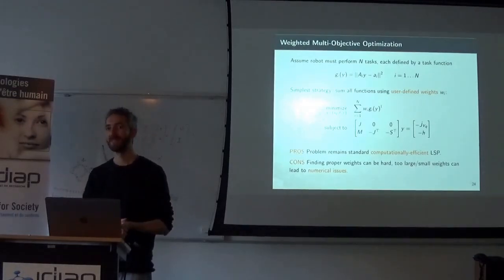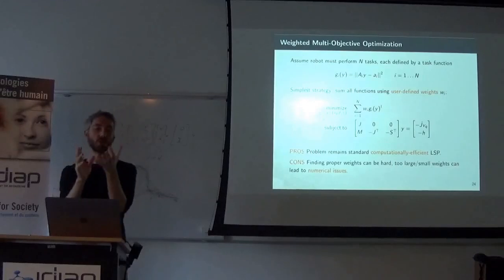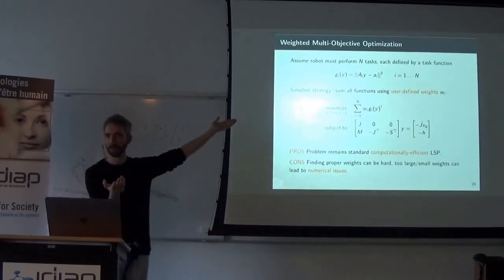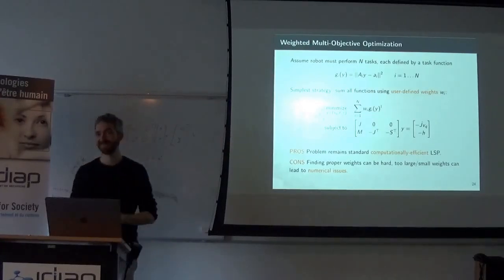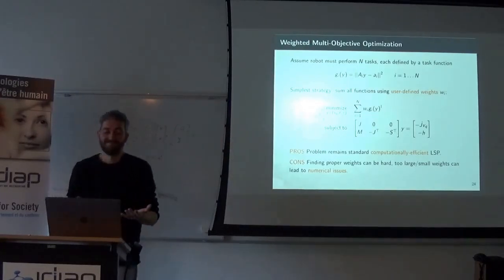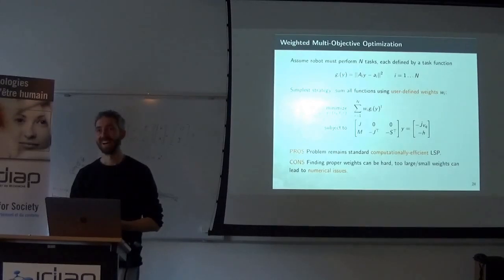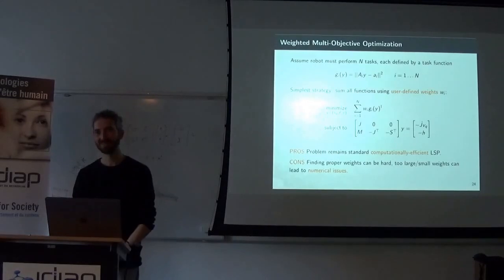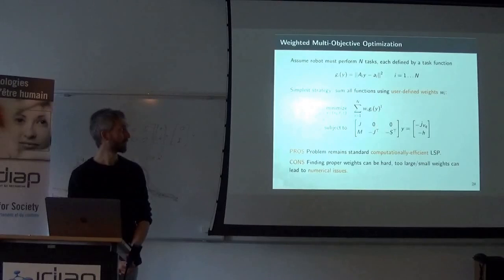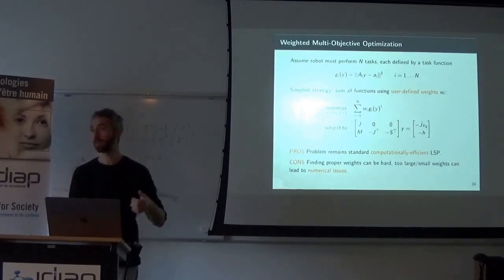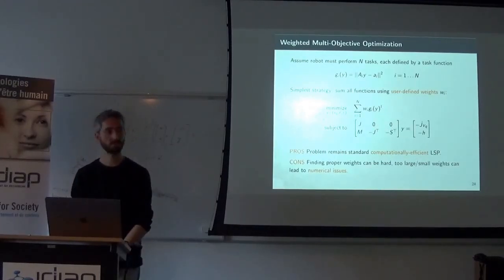I mean, you can try to compensate for that a bit by selecting W properly. But I don't know of any proper way of selecting W and taking into account that you have different units of measurement inside the cost. And this allows for degrees of freedom to overlap between the tasks.